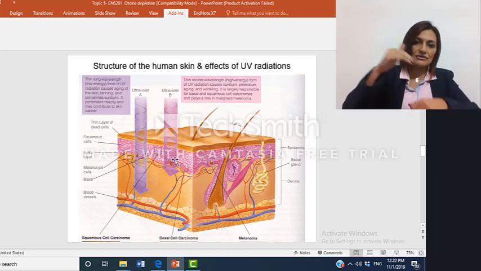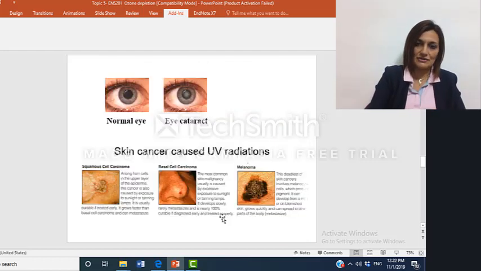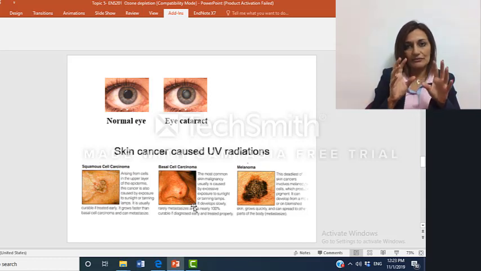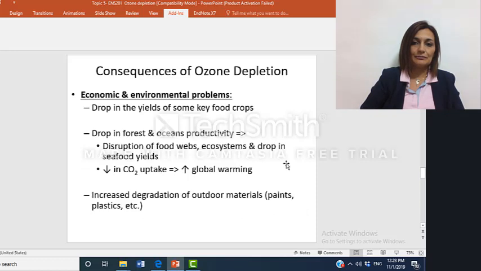They can penetrate the skin and reach the inner cells, causing damage. And this is a normal eye versus an eye cataract. We see that there is like a white cloud. This is a mole. It is changing shape. It becomes asymmetric. It starts to grow, and as a result it becomes melanoma. This is a skin cancer caused by UV.